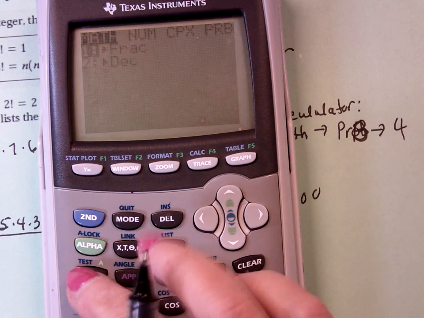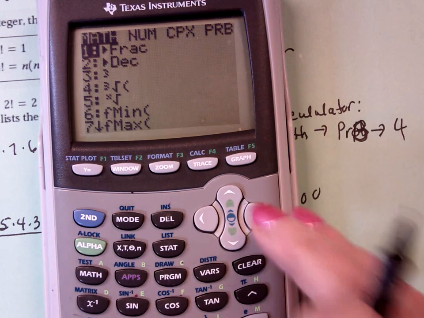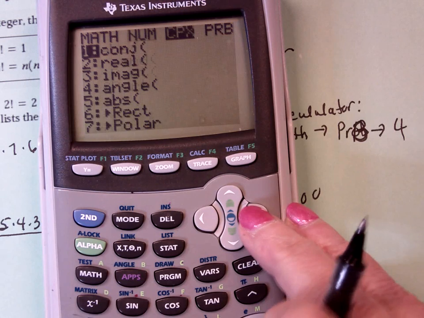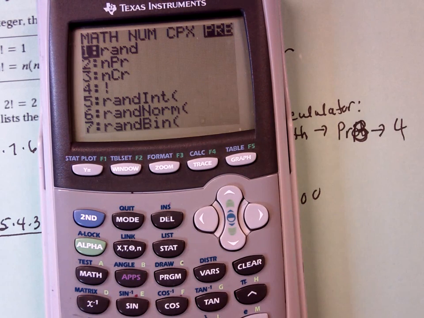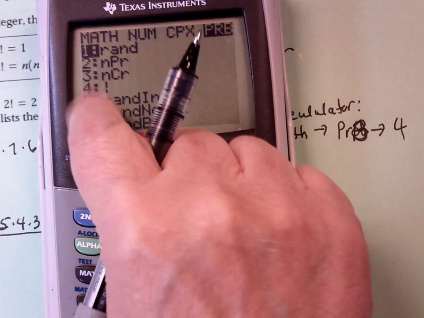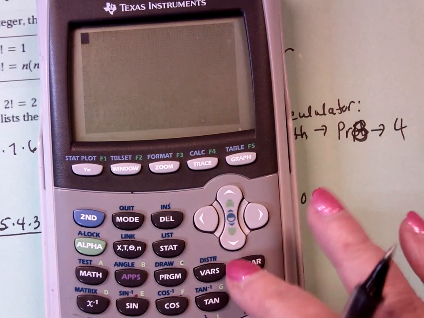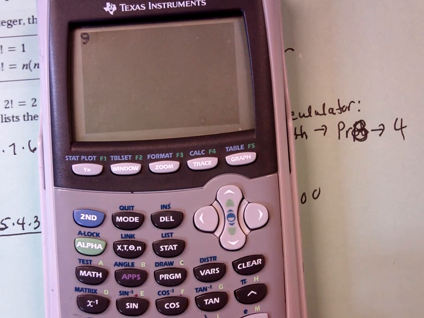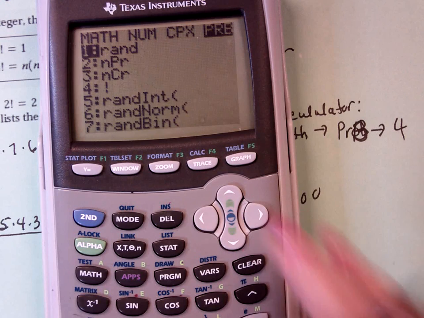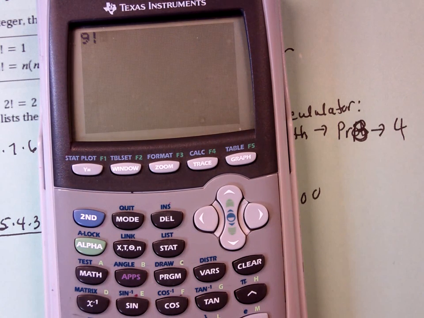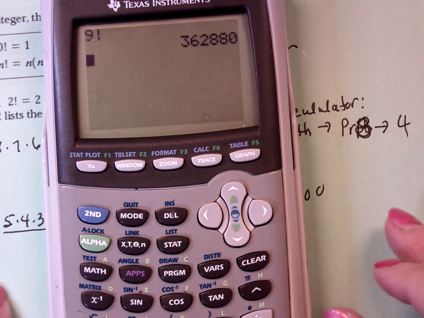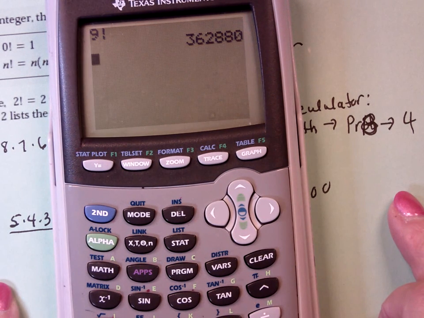It's under Math, and then you go over to probability, and then there's 4. So if I wanted to have 9 factorial, I'd have 9 Math probability 4, and then it's 362,880.